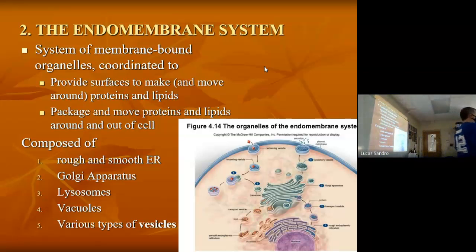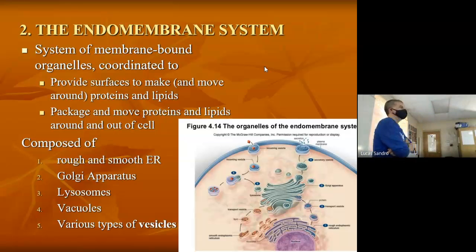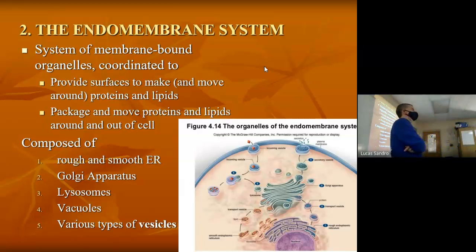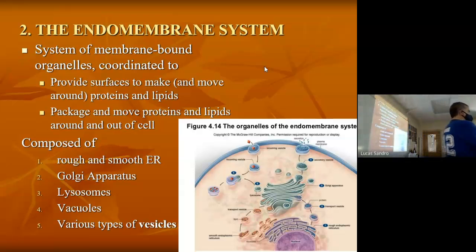So this is one of those days where suddenly you've got a bunch of new vocabulary words. Those are the components of the endomembrane system. We'll look at them each individually. I just want you to know about this connection, where they are kind of this pipeline where things get manufactured and moved around and sometimes exported and sometimes imported. They're all sort of connected.